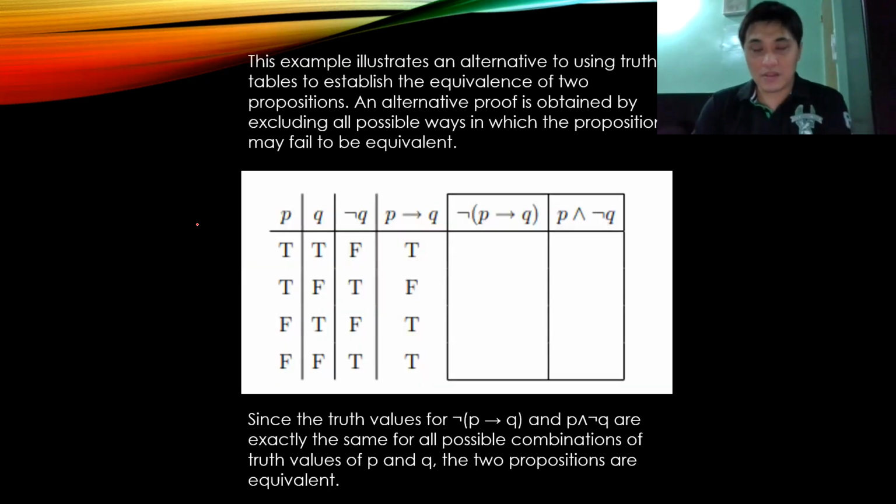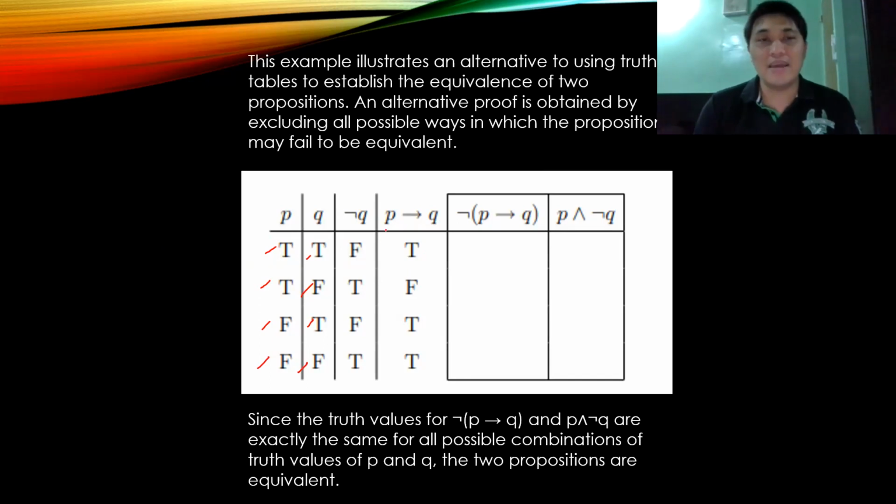So let us see our given statement in the truth table. The value of P is true, true, false, false, and the Q value is true, false, true, false.